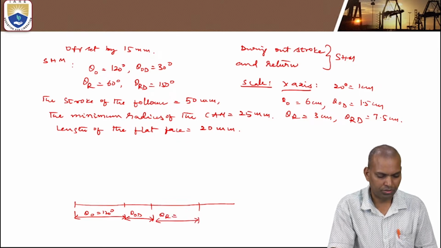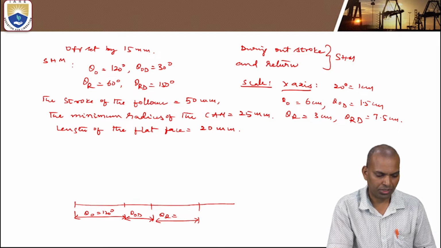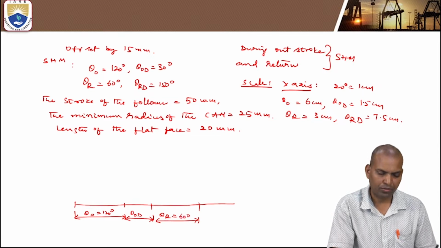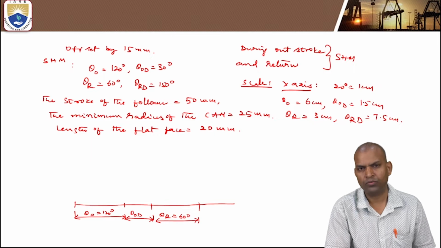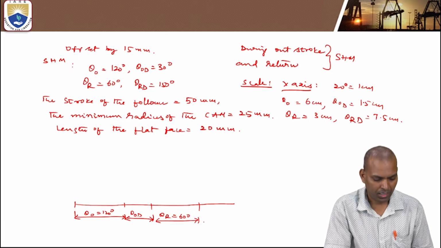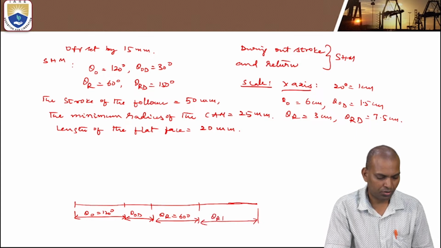Theta return stroke is 3 centimeters, that is, the return stroke is 60 degrees. We have to mention it here in terms of degrees, even though we are using the scale. And the remaining is the return stroke dwell, that is 150 degrees.